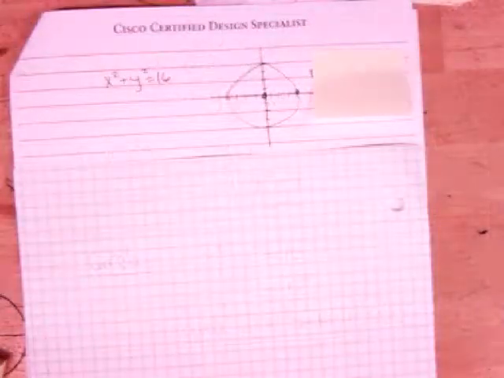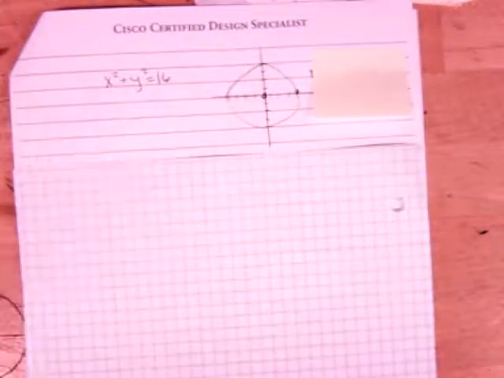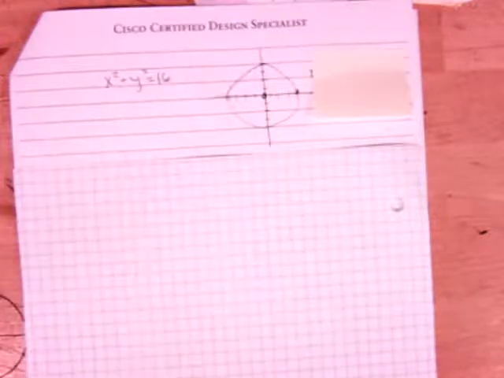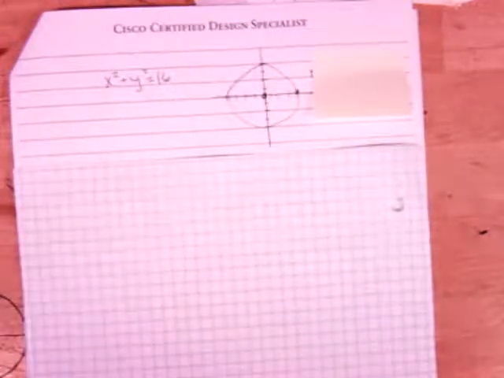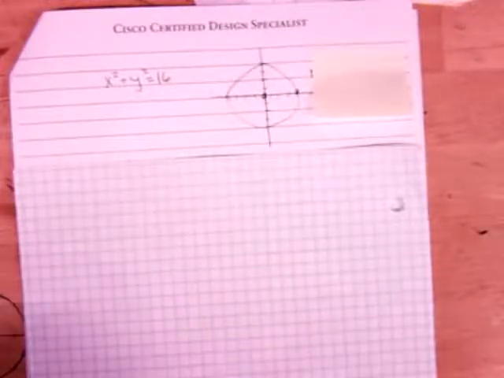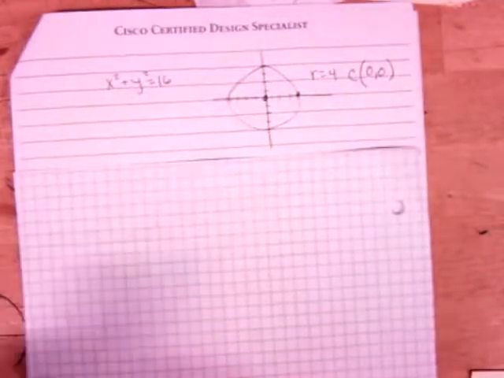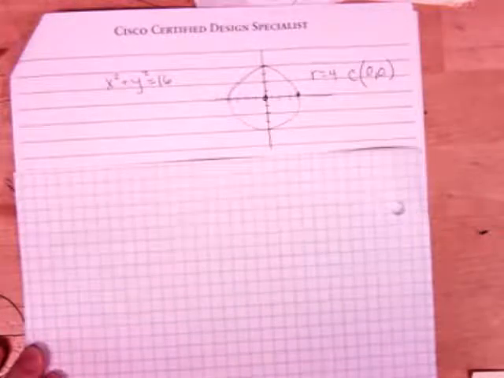Here is an equation for a circle. I can tell it's a circle because it's equal to some number that's not 1. The center of this circle is 0, 0, the origin, and the radius is 4, the square root of 16.